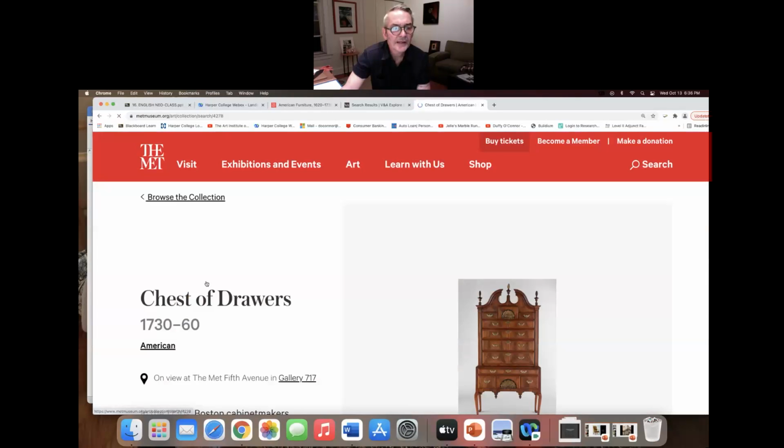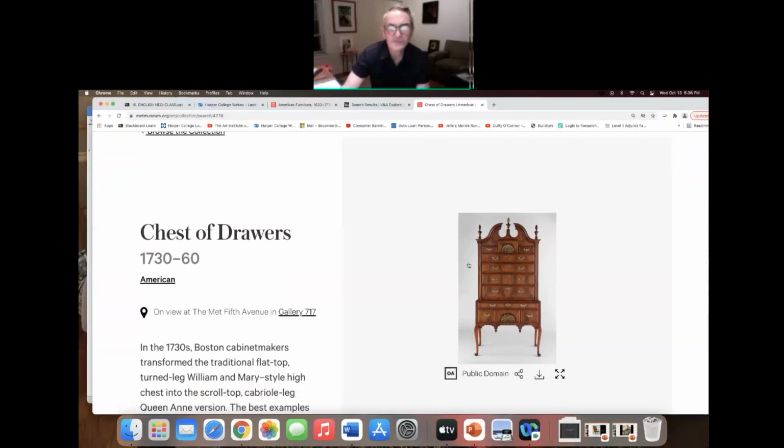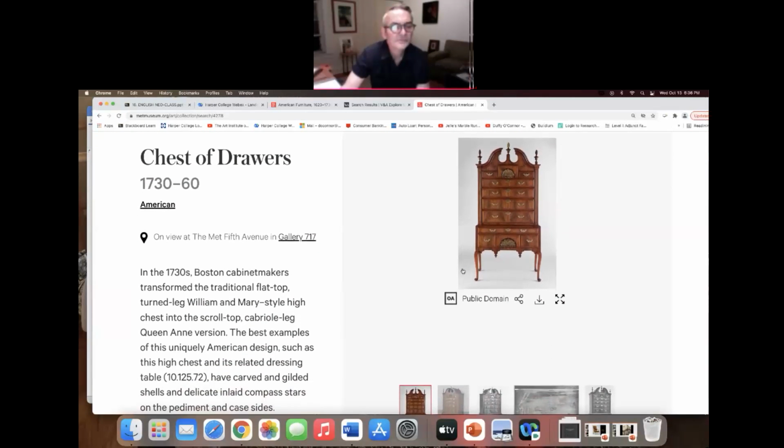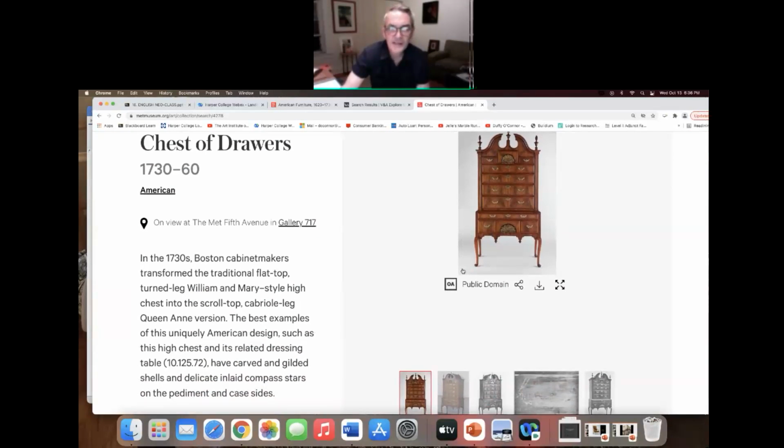Now here we have this chest of drawers. All right, 1730s, Boston cabinet makers transformed the traditional flat-top turned leg William and Mary style high chest into the scroll top cabriole leg Queen Anne version.